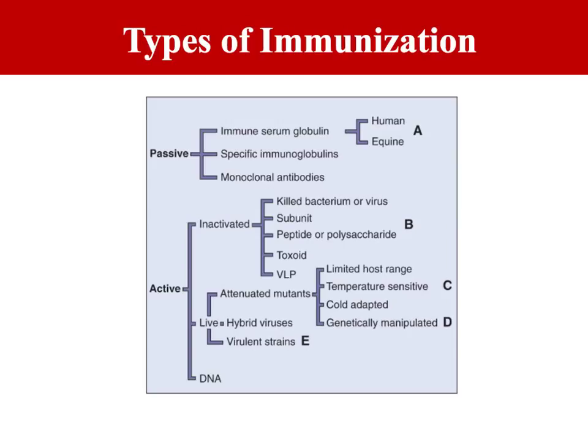A more popular example that we all might have heard about on the news just last year is human serum globulin donation, and this was done during the Ebola epidemic in 2014.